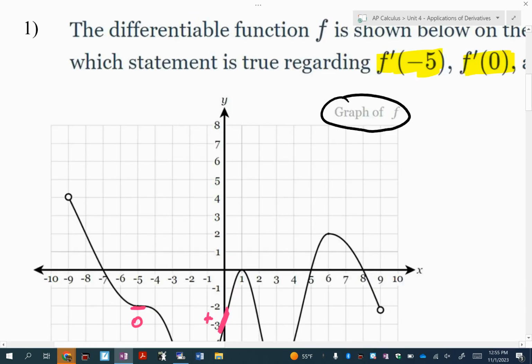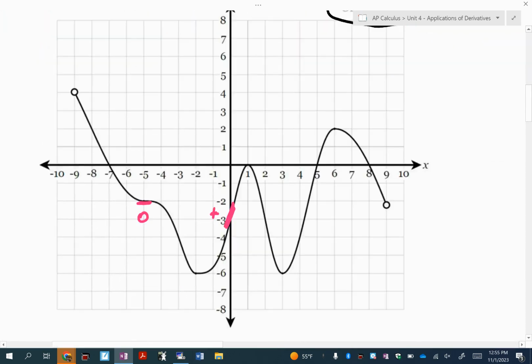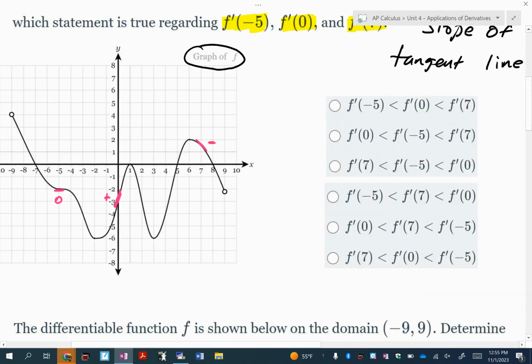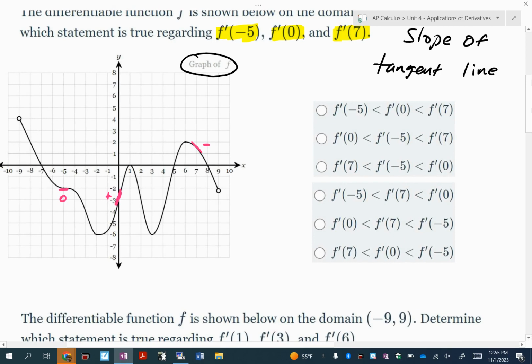The next one says 7. So go to 7. Here's 7. How would you describe that slope? Negative. So when I choose my answer choice, I'm doing this from least to greatest. So my least will actually be which one? No, the least is going to be the one that's negative.